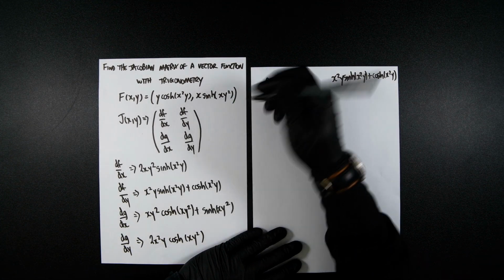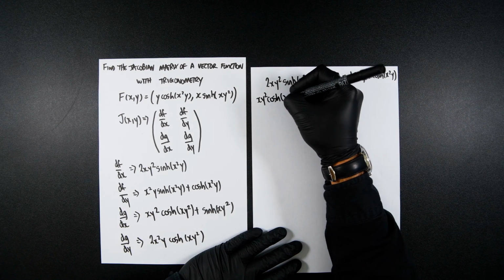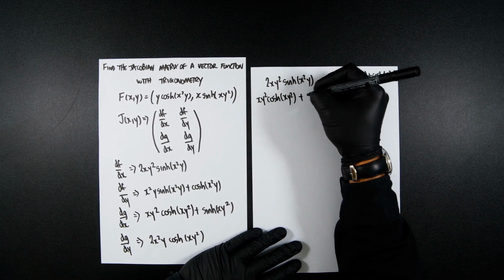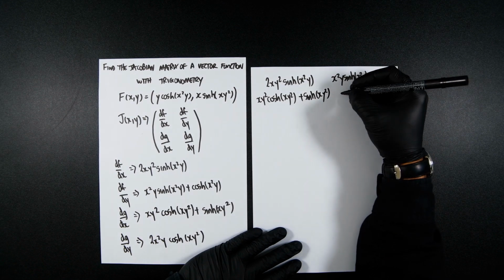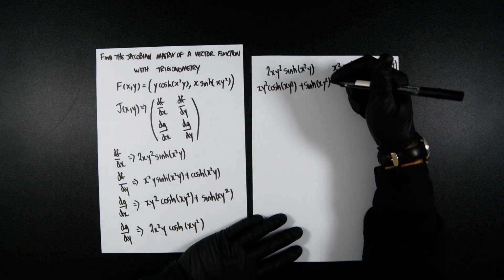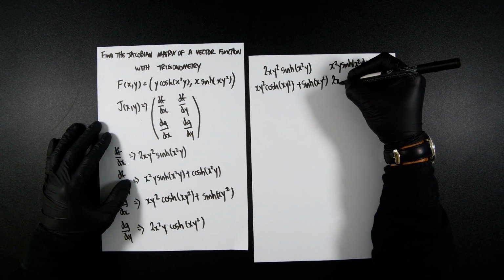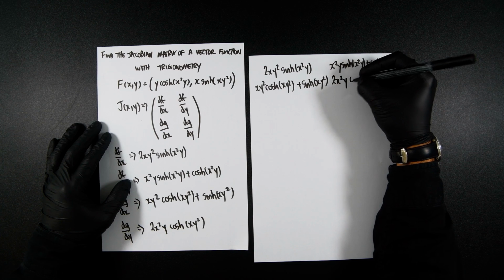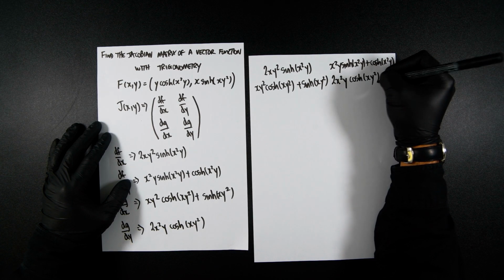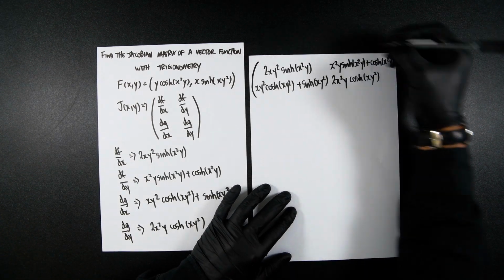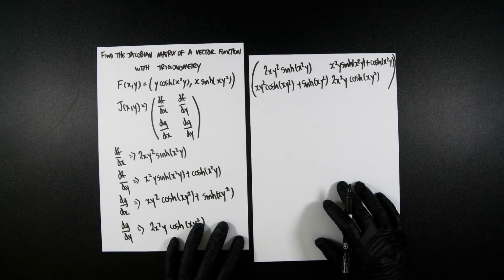Then we have dg/dx, which is going to be xy squared cosh(xy squared) plus sinh(xy squared). And then finally dg/dy, which we're going to put here, which is 2x squared y cosh(xy squared). And this is all a big matrix.